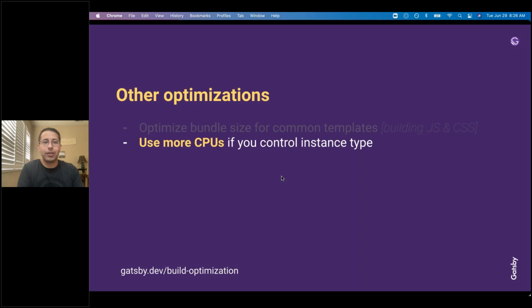And okay, so using more CPUs, if you can control the instance type that your site's being built on. You know, you can choose like, I think it's C1 rather than M1 on AWS or whatever, but the larger your instance type in terms of CPUs, the faster your build is going to be, because builds are primarily, though not completely, CPU bound.